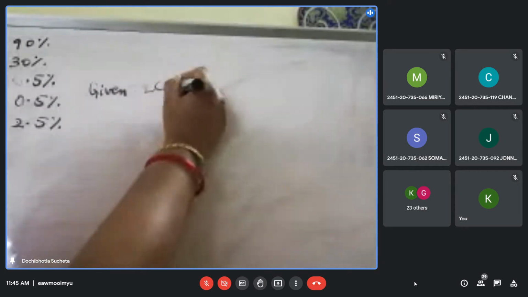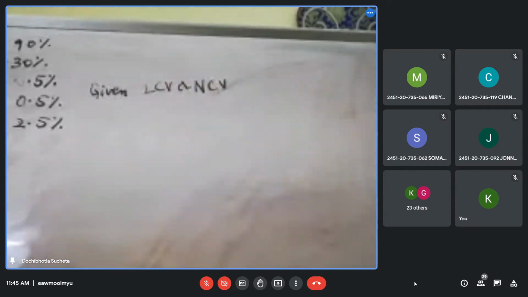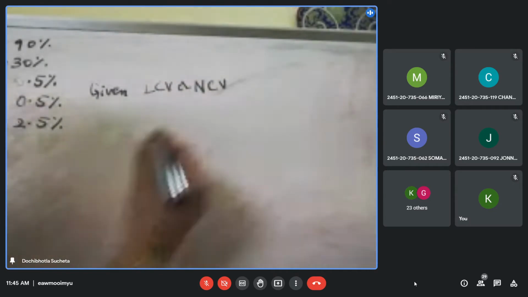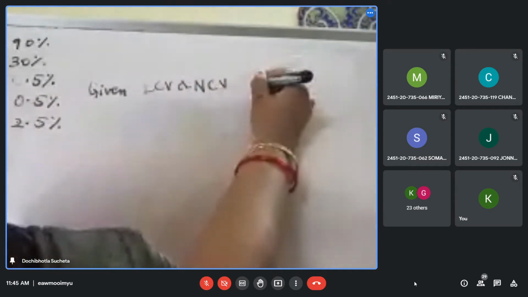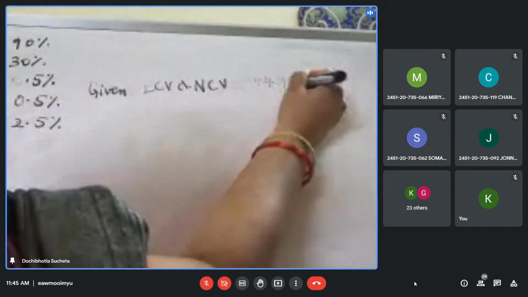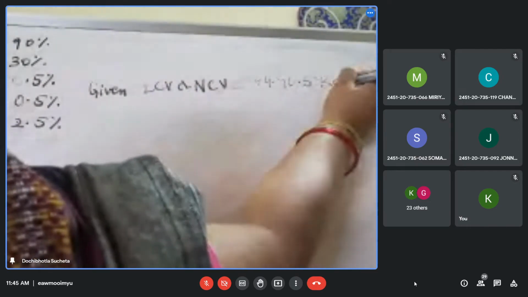It is given that LCV, net calorific value or low calorific value, is equal to 8490.5 kilocals per kg.